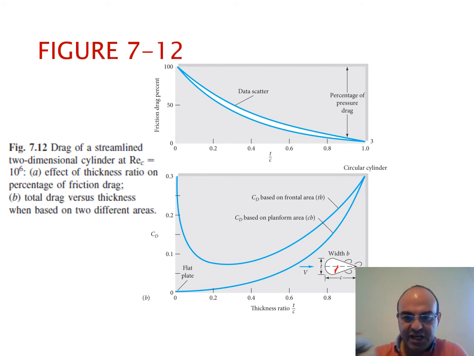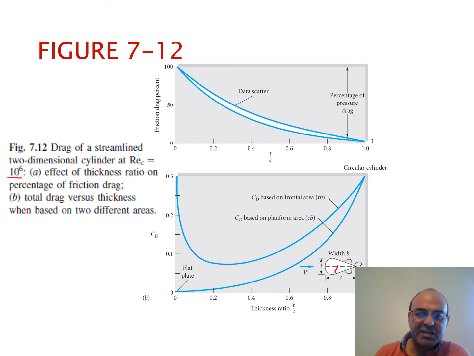It has a width B, a thickness T, and a chord C. The three dimensions are in A, and the Reynolds number is 10 to the 6. This is not the case of a flat plate. So this is for a given Reynolds number.